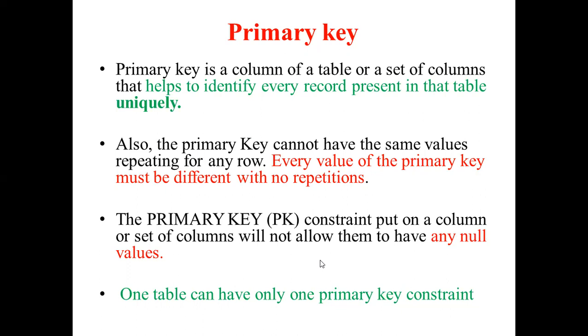So in short, a column is called a primary key only when it satisfies two conditions. One is that every value in that particular column is unique, no repetitions are allowed, and the second is that it must have a not null value. Any null value is not accepted, and one table has only one single primary key.